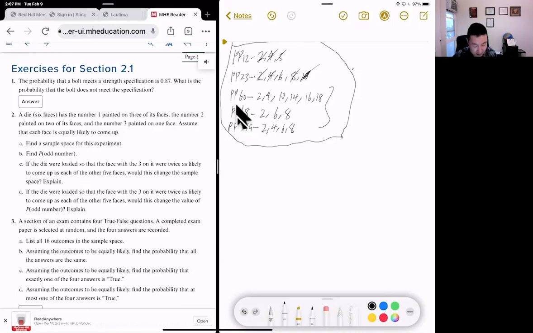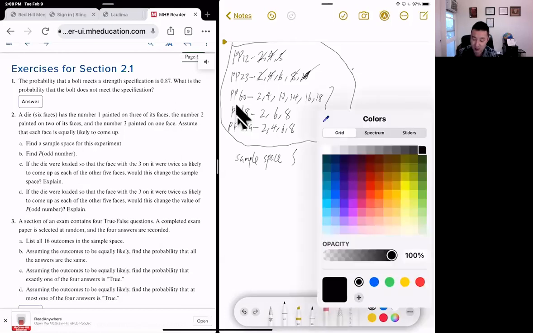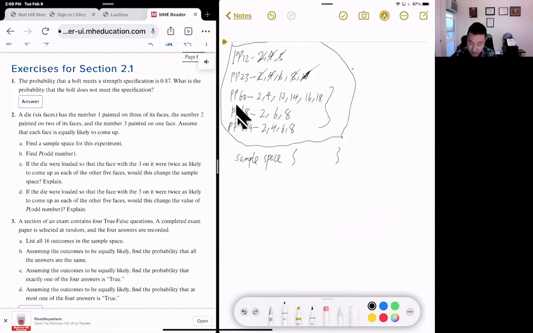Part A: find a sample space. The sample space is all the possible outcomes of a certain experiment. Because this die is a special die, we only have 1, 2, or 3 as possible outcomes.